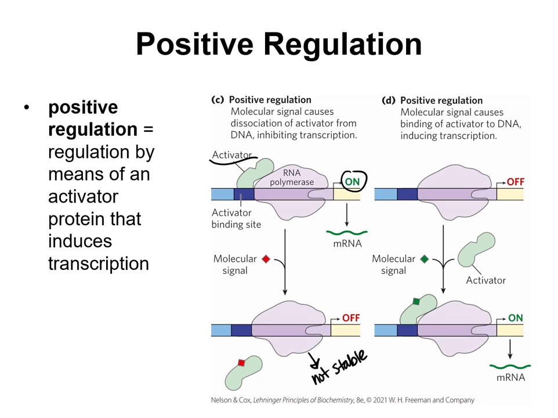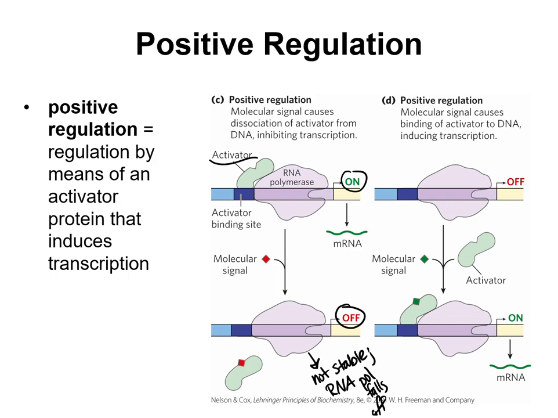It can't form a stable pre-initiation complex to actually go through and make messenger RNA, so it's going to fall off. And that gene is turned off because that RNA polymerase can't bind the promoter very well.